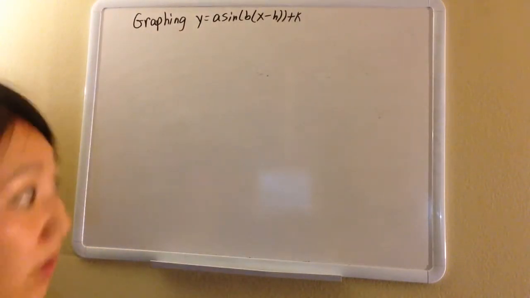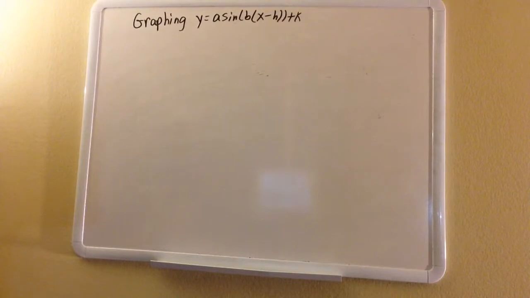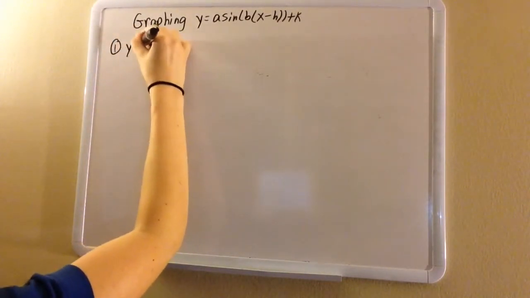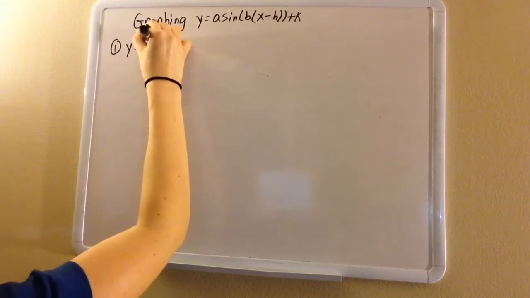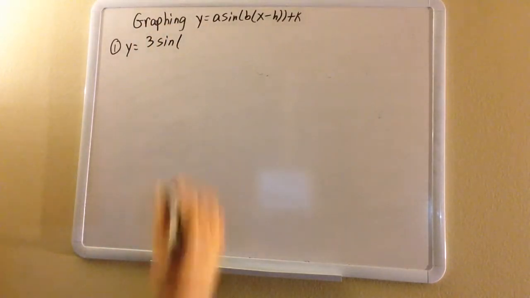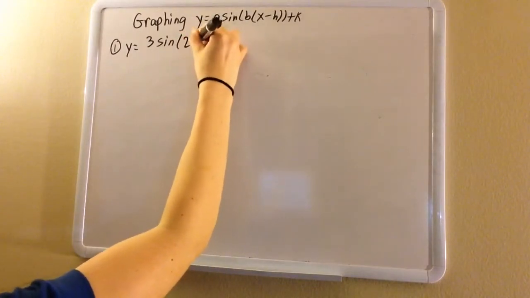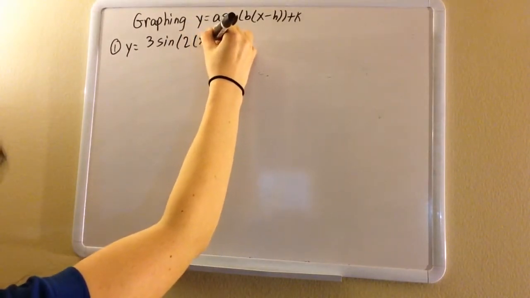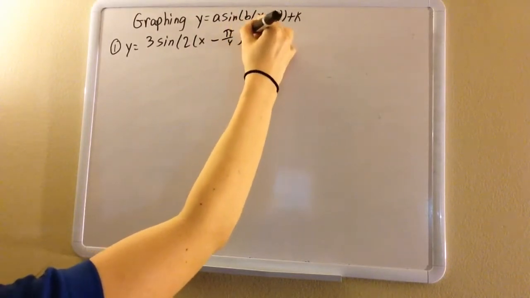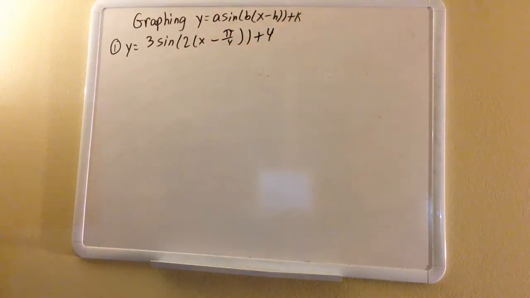Alright, so the one we're going to be graphing is y equals 3 sine of 2 times x minus pi over 4, plus 4. So this is our first one here.